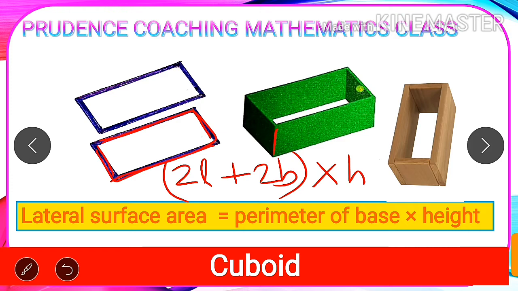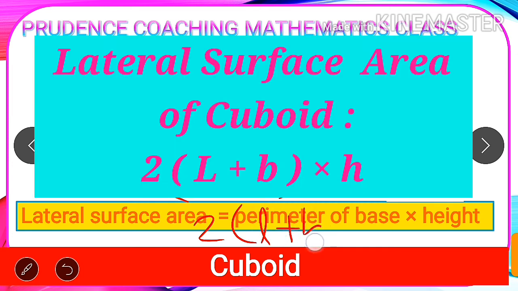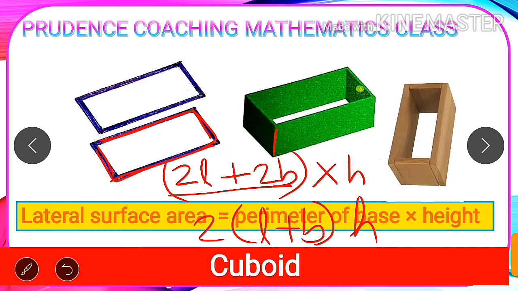So you can write this as 2 into (L plus B) into height, which is the formula of lateral surface area of a cuboid. Lateral surface area means only the outer four walls of your room.